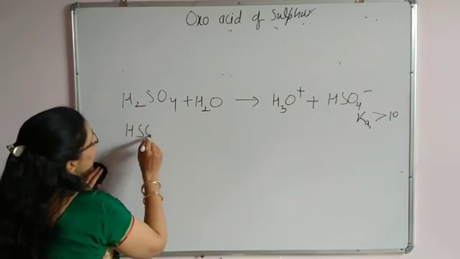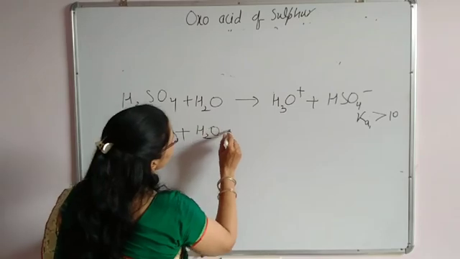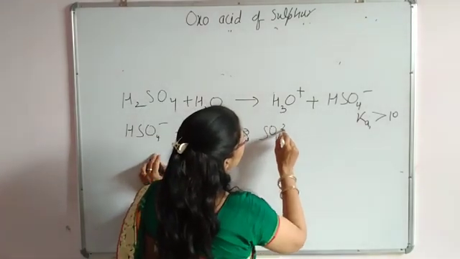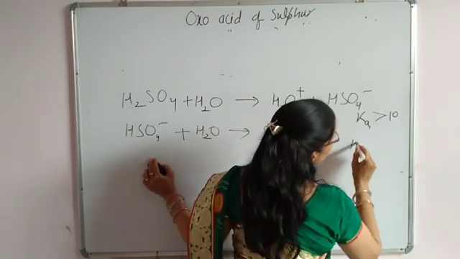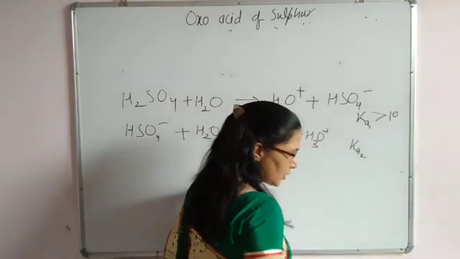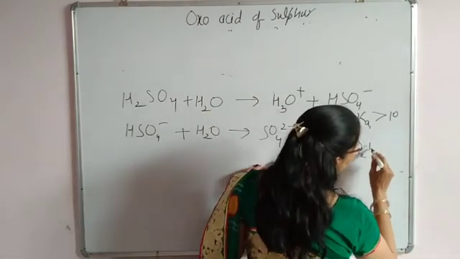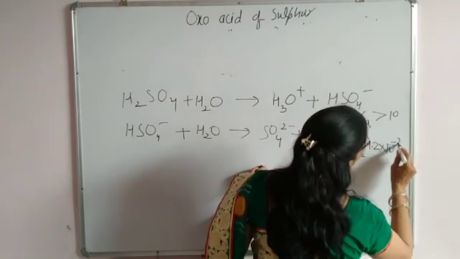One more aspect, the HSO4- ion. Dibasic acid means two-step dissociation. You will get sulfate ion and H3O+. For this second process, the dissociation constant Ka2 is 1.2 into 10 raised to power minus 2.